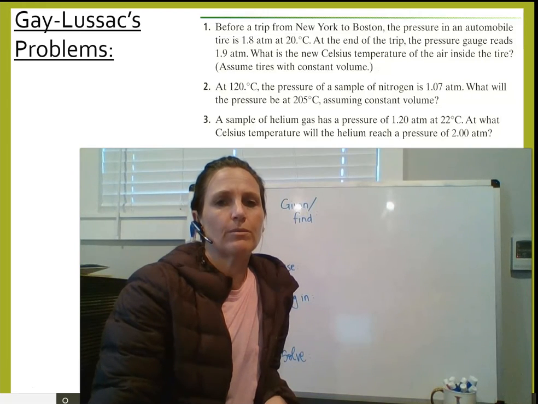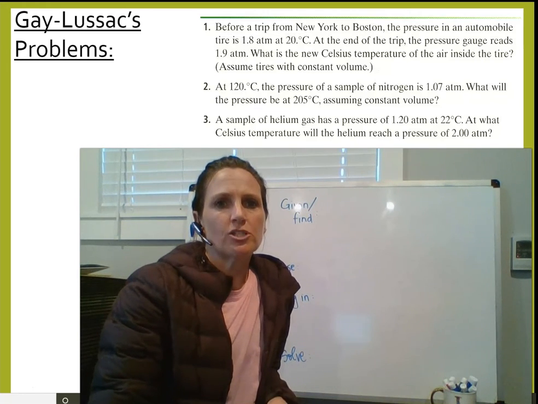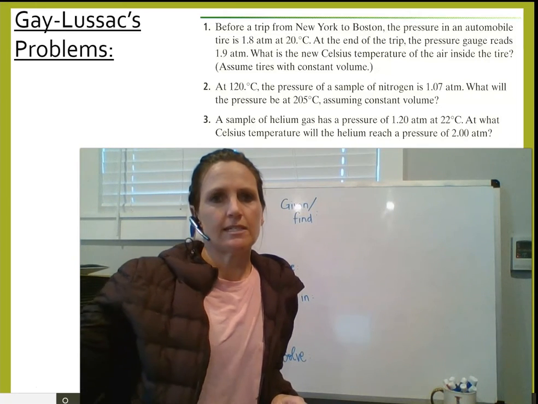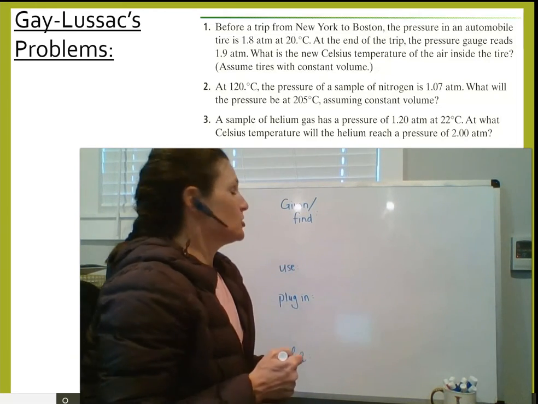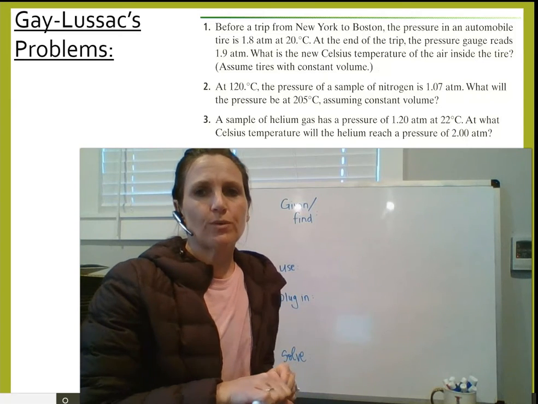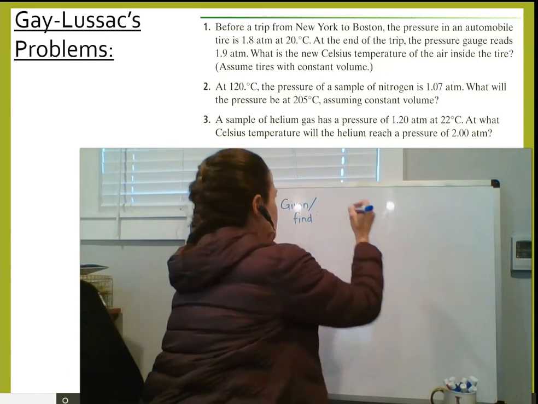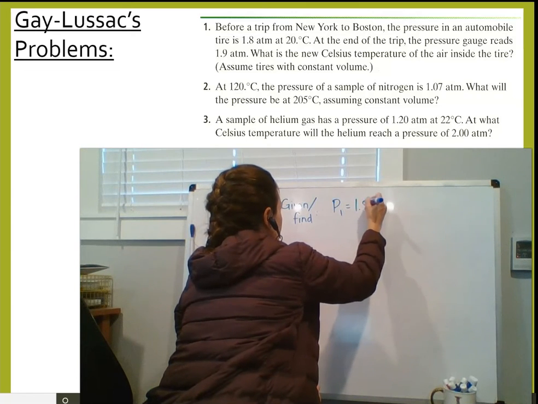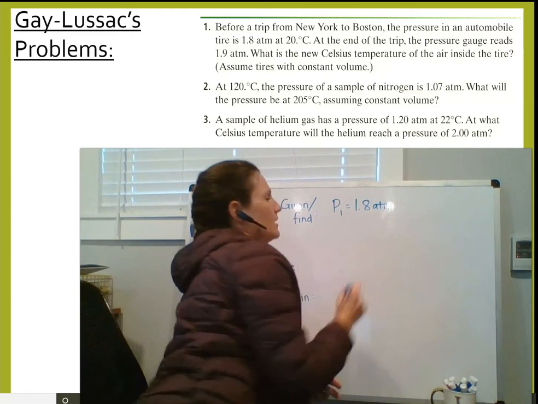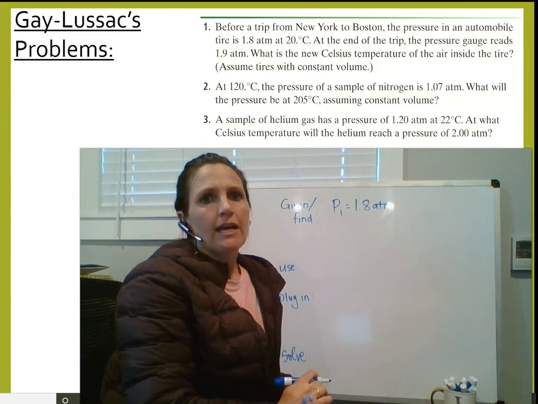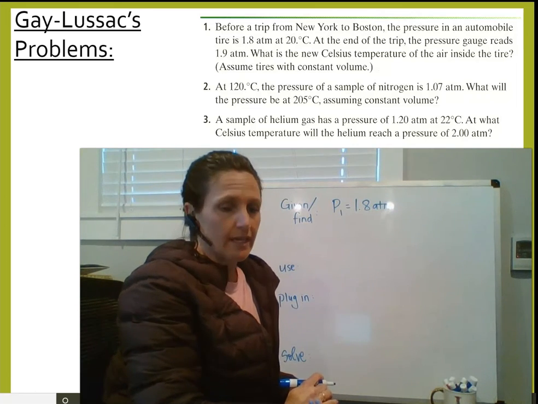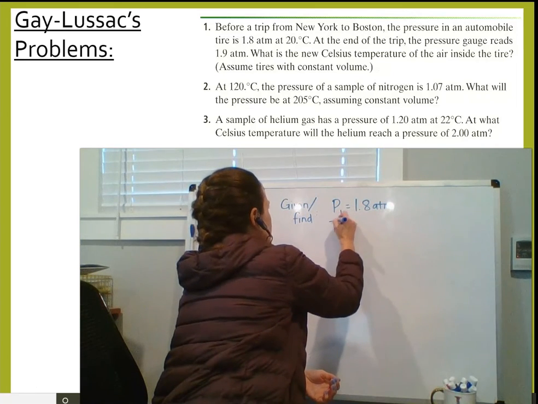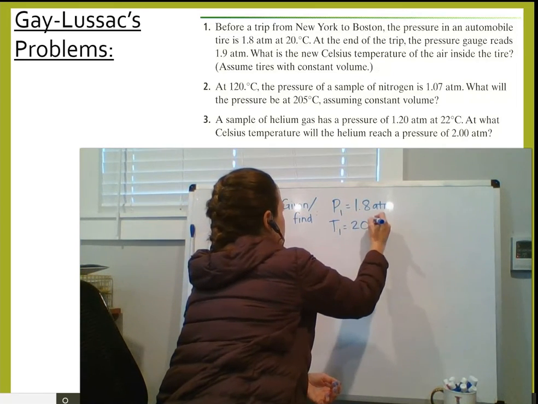Before a trip from New York to Boston, the pressure in an automobile tire is 1.8 atm at 20 degrees Celsius. So when I start my problem, I need to read, okay, the pressure is 1.8 atm, so P1 equals 1.8 atm. And this pressure is at a temperature of 20 degrees Celsius, so T1 equals 20 degrees Celsius.